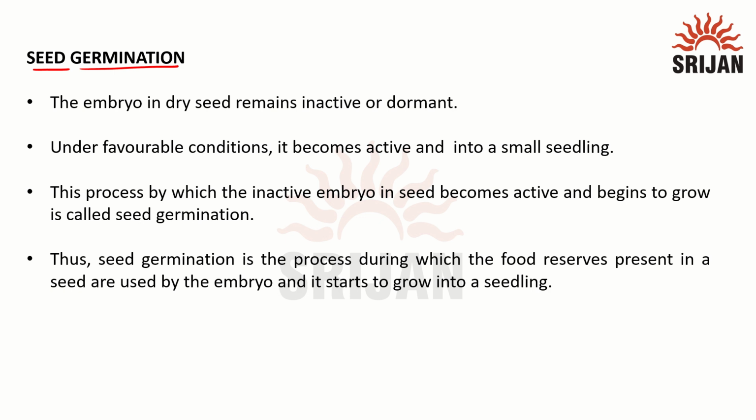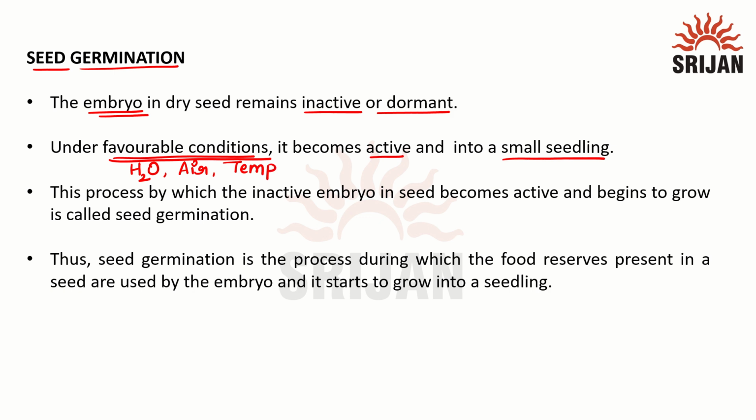But when we see, the seed contains an embryo inside it and it remains inactive or dormant. And if there are any favorable conditions, it becomes active and will grow into a small seedling. The favorable conditions include a sufficient amount of water, air and also temperature.